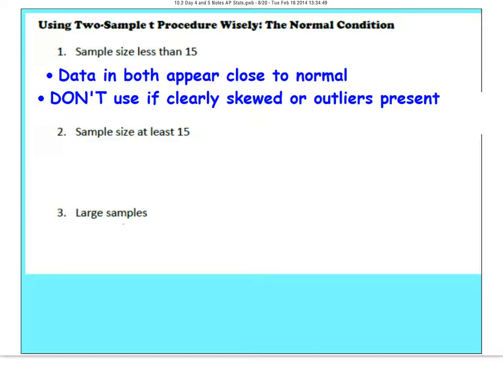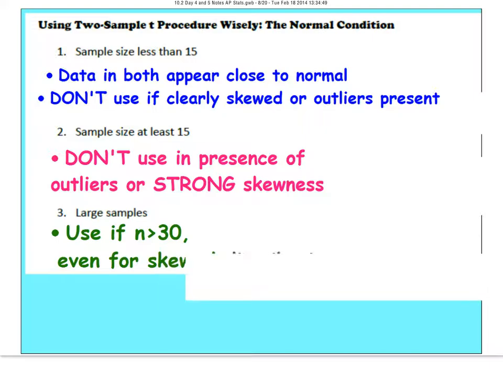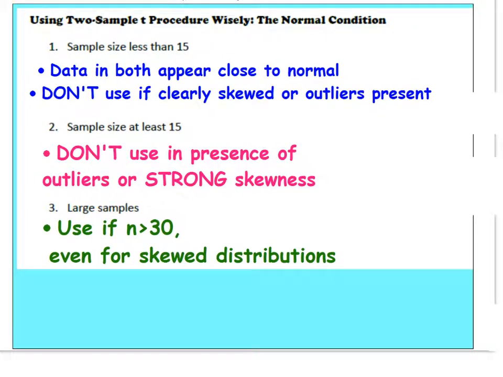For the sample size to be at least 15 in this case, don't use in the presence of strong skewness or outliers. So this gives you a little bit more wiggle room as the sample size gets larger. And then the last one, for large samples, if we're greater than or equal to 30, that's fine, even if we have skewed distributions for our population.